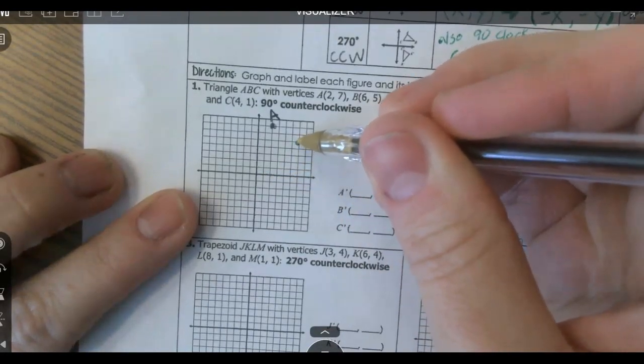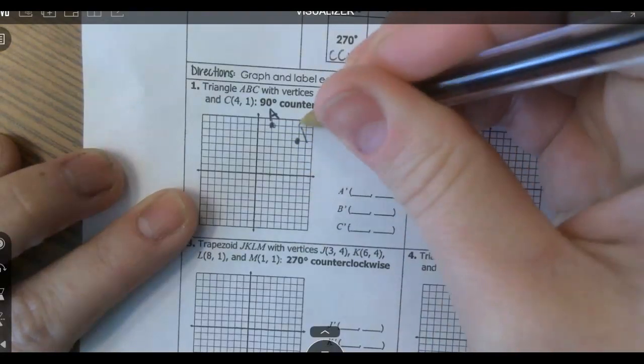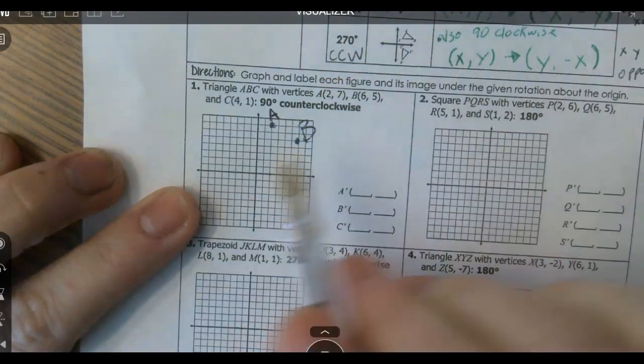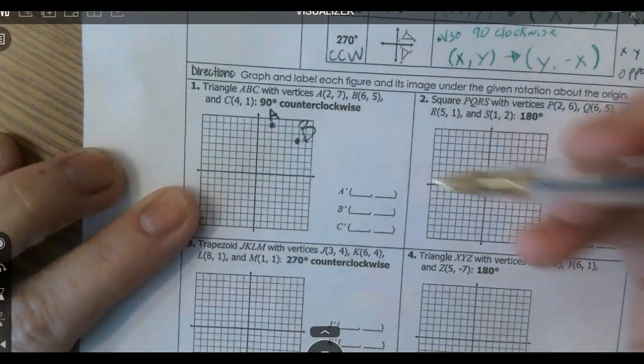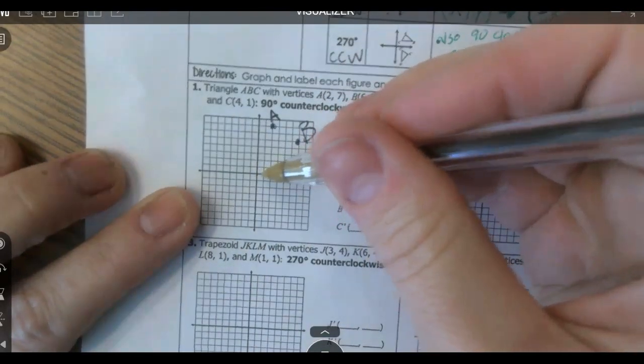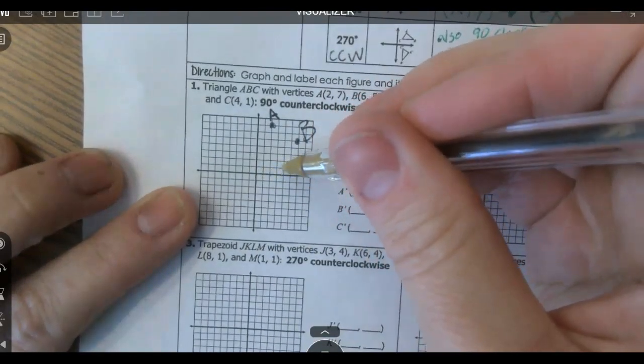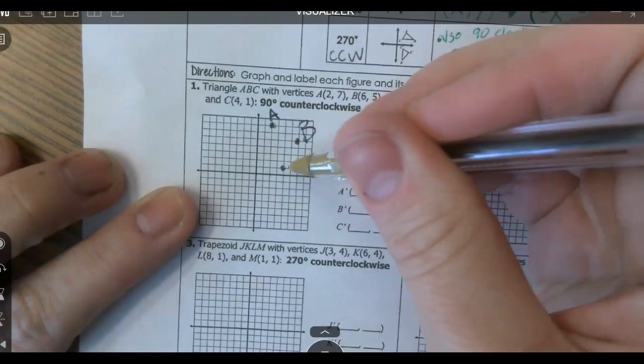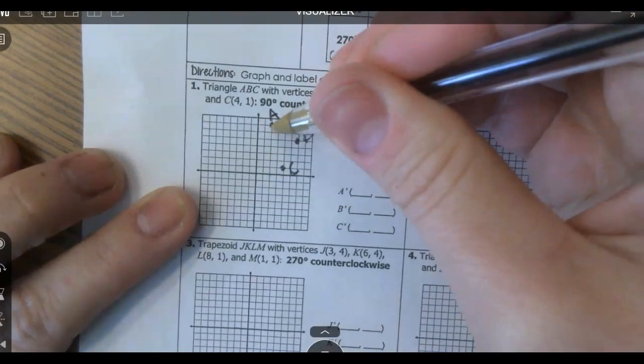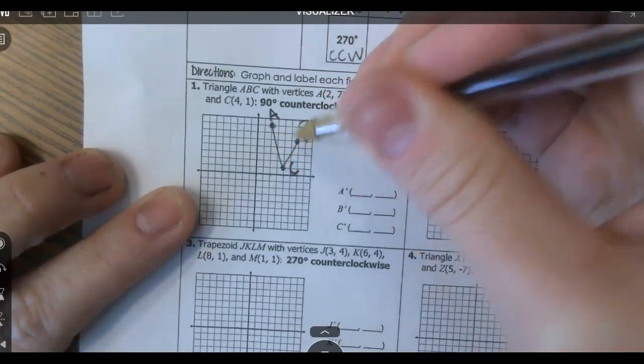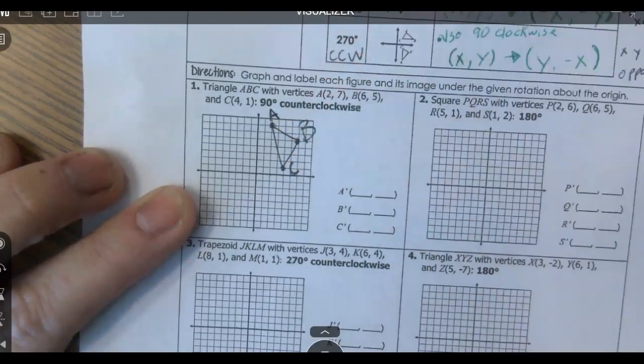Right there is point B. And point C is located at 4, 1. There is point C. Okay, so we have now placed our shape, triangle ABC, on the coordinate.